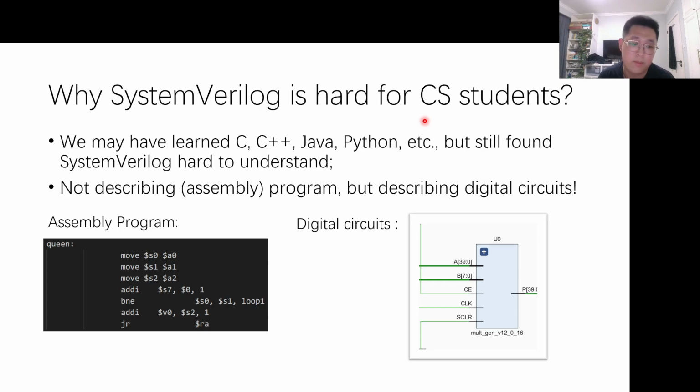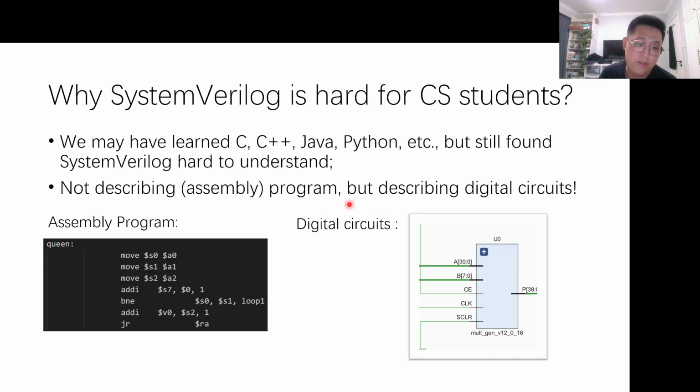And when they apply some familiar concepts to SystemVerilog, like iteration or branching, the output will always become messy and compilation does not go as they expect.